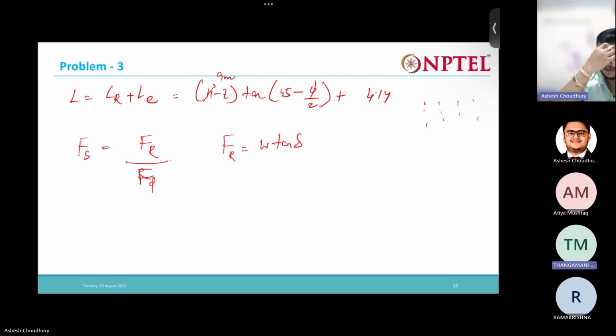W tan delta, where W is the total weight. So 25 plus what we are doing here, 17.5 into 9 into 6. So this is the weight, into tan 36.